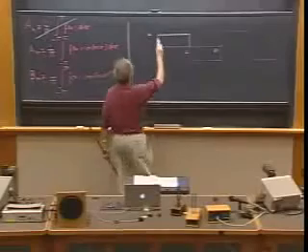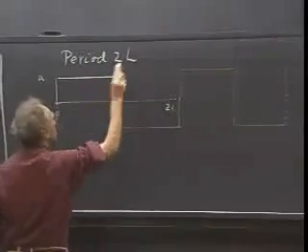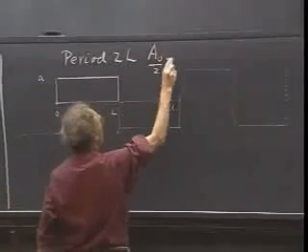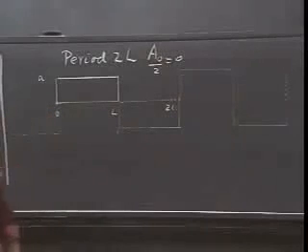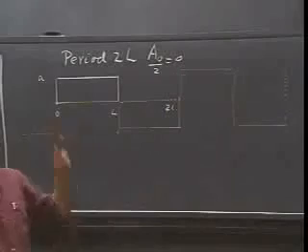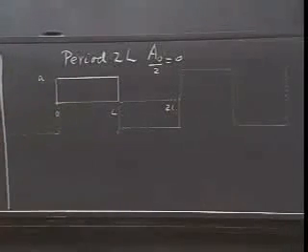So that means my period is 2L. And also notice that by doing that, my a0 divided by 2 is 0, because the average value of this function, which is now defined between 0 and 2L, and much beyond 2L, and below 0, that function has an average value of 0.